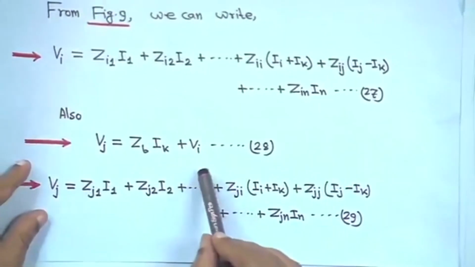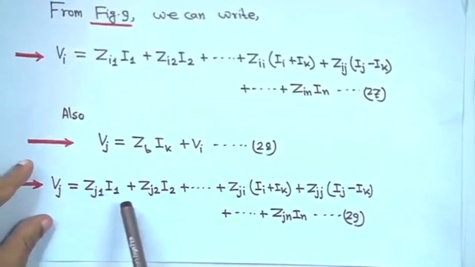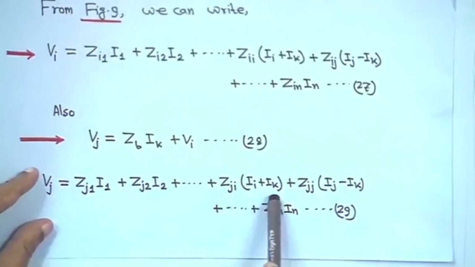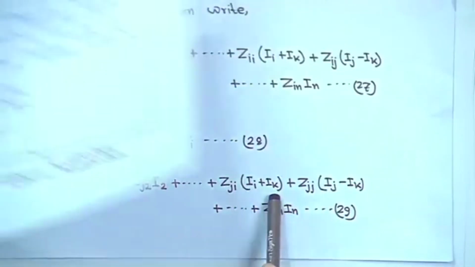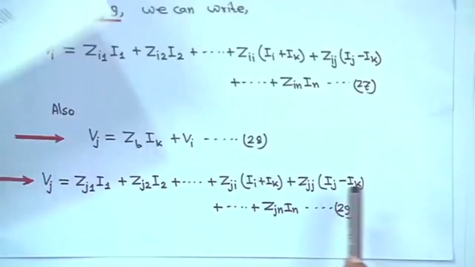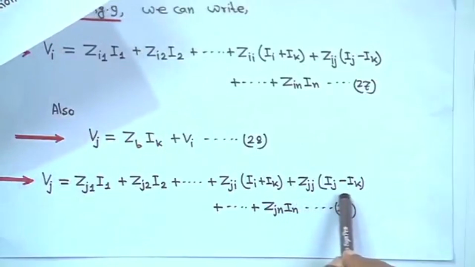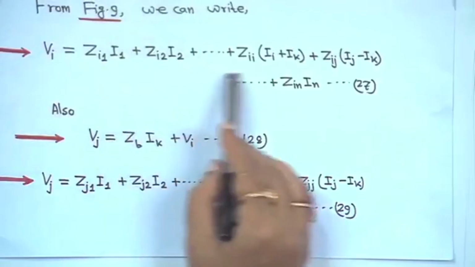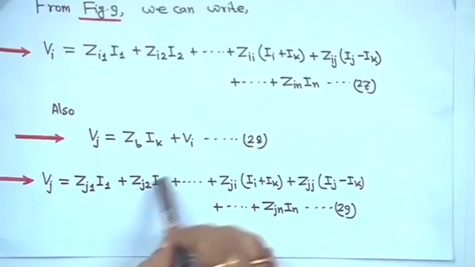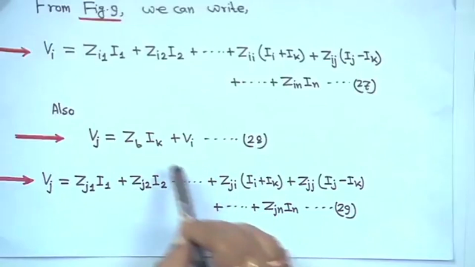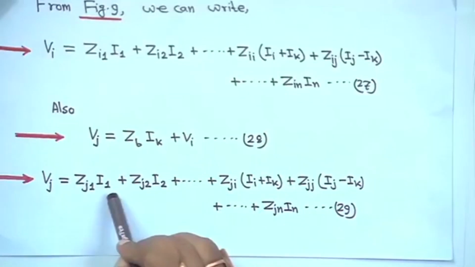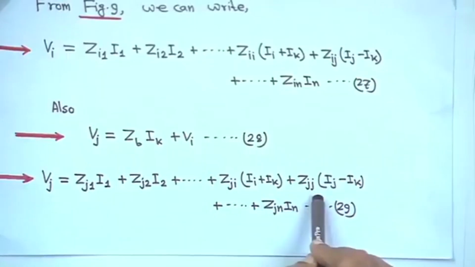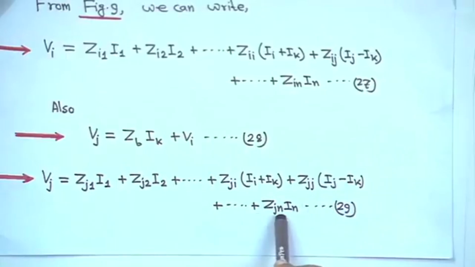Then Vj is equal to Zj1 I1 plus Zj2 I2 plus Zji (Ii plus Ik), plus Zjj (Ij minus Ik) plus Zjn In, because we have written Vi is equal to all these things and Vj is equal to this expression: Zj1 I1 plus Zj2 I2 plus Zji (Ii plus Ik) plus Zjj (Ij minus Ik) plus Zjn In.